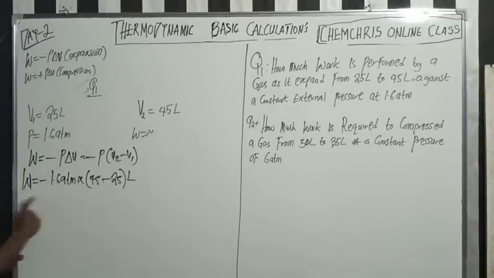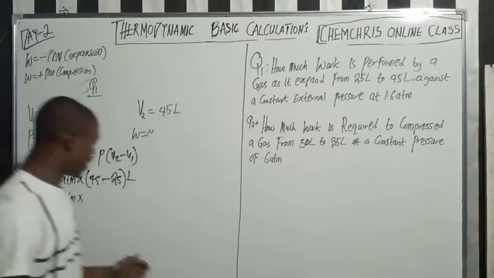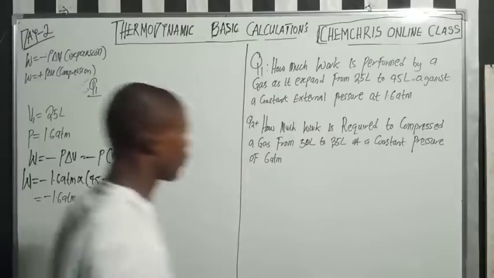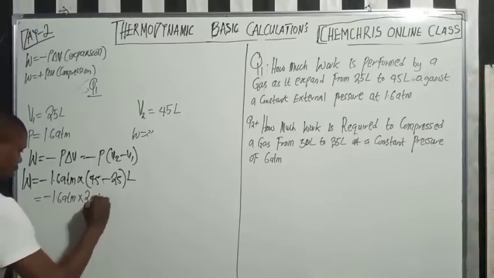So it's going to be minus 1.6 atm times 45 minus 25. Here we have 20 liters.